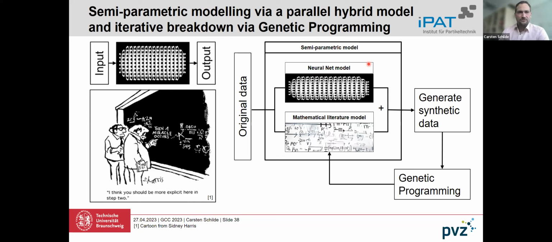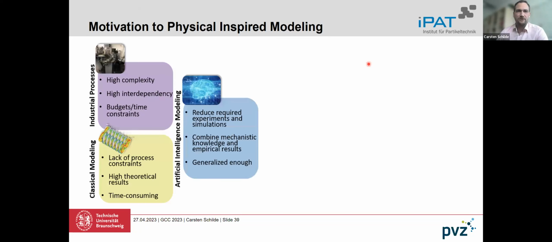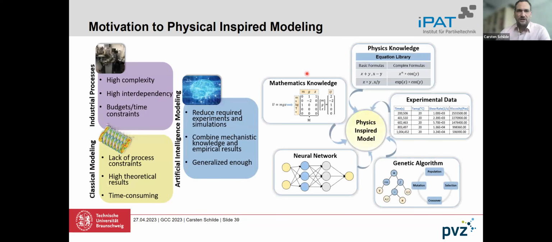And in order to do so, you have to think about, can I use the data out of our artificial neural network to get a physically inspired model again? That's the goal. And here we use genetic programming. I just showed how it works in principle, which is depicted on the right side. We have our data, and based on this data we use genetic programming to create these tree structures.